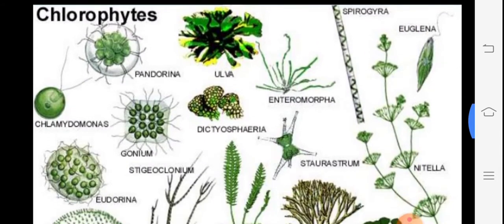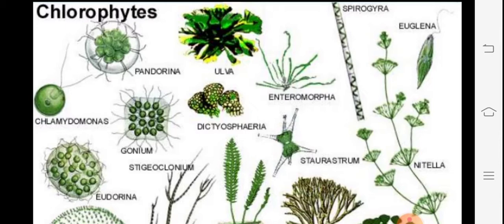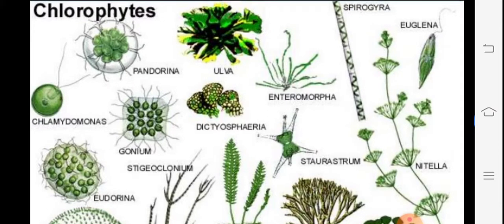In the chlorophytes, these are some genera: Spirogyra, and Euglena is also included in the Chlorophyta. Then Pandorina, a colonial form, and Ulva, which is a marine alga found in the Chlorophyta.